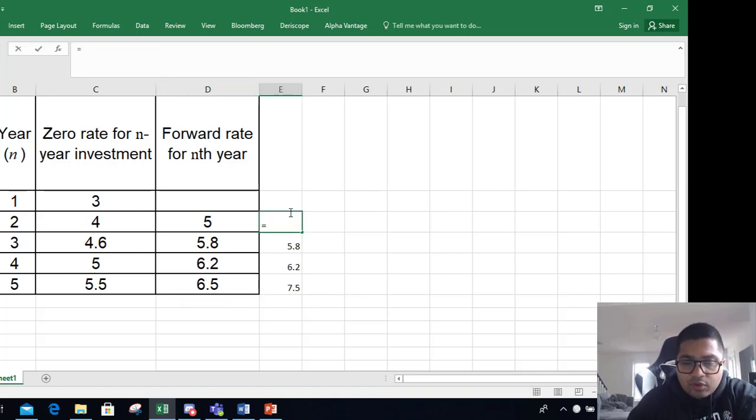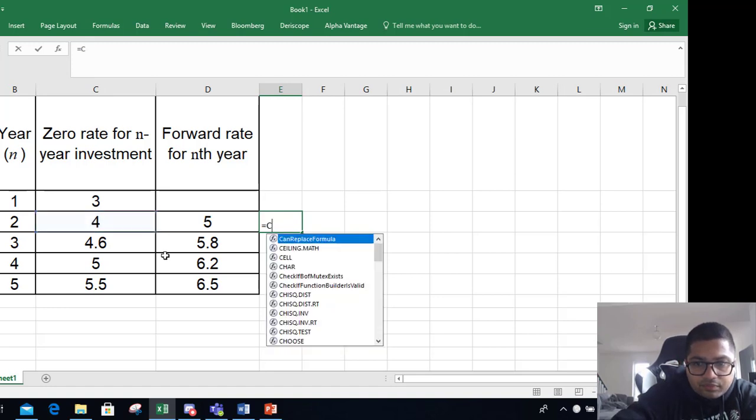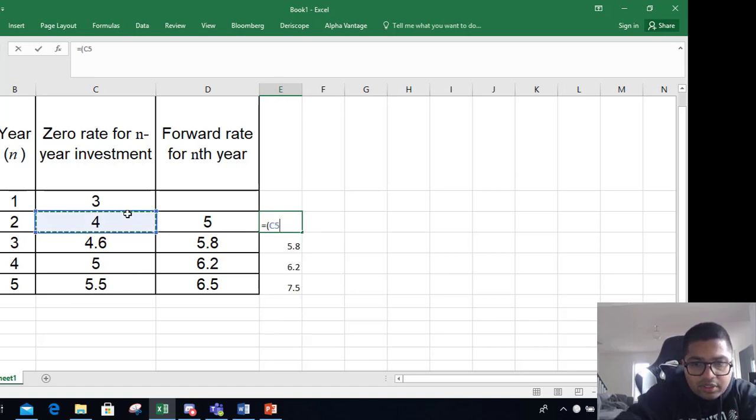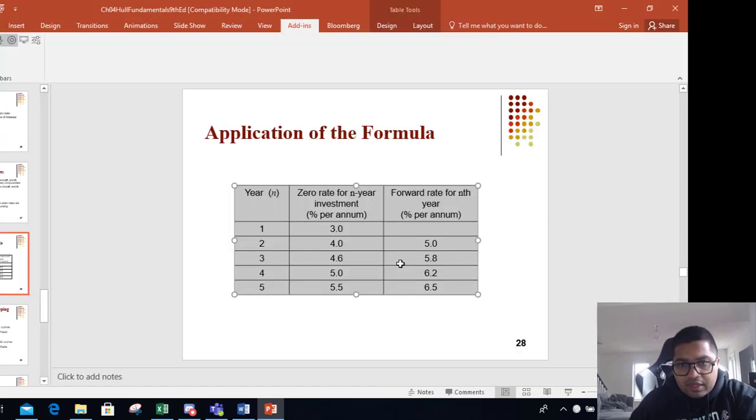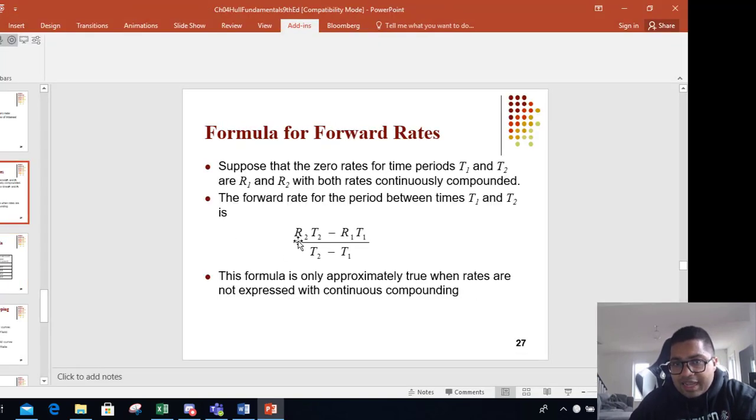So if we calculate forward rate here, always brackets, so 4 into 2 minus 3 into 1, divided by 1. 4 minus 3 is 1, so it is 5. So this should be 7.5. Okay, so this is how you calculate forward rates: time period right now times the rate right now, minus the previous time period times the previous rate, divided by T2 minus T1.